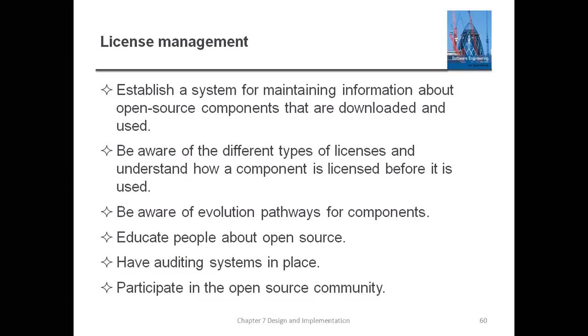And you have to be very careful about the evolution pathways for all the components, because we need to educate all the developers about open source, and we have to audit the systems, and we have to participate in the open source community, so that we will have an idea about the upcoming open source licenses. So this is all about your open source management system and the license management system.